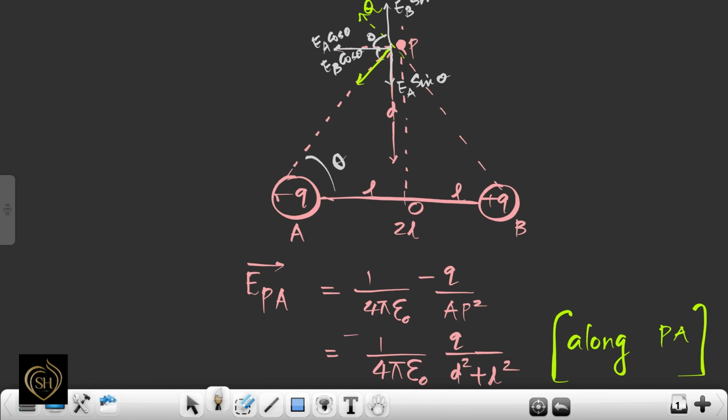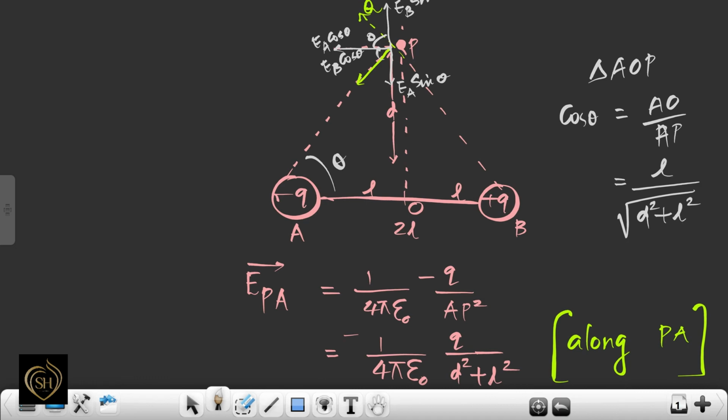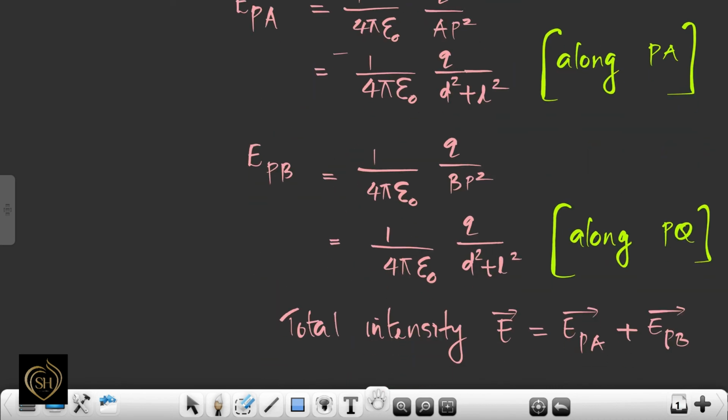So if we consider the triangle AOP, cos theta is equal to AO divided by AP. Then what is AO? AO is L, divided by AP, which is root of d square plus L square. So we can substitute the value of cos theta in our equation.